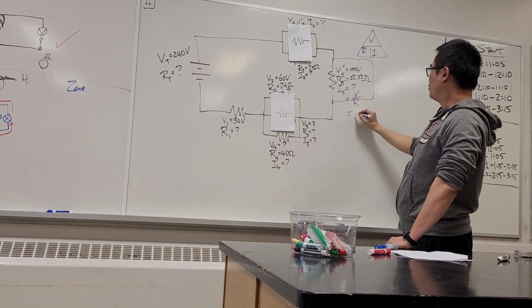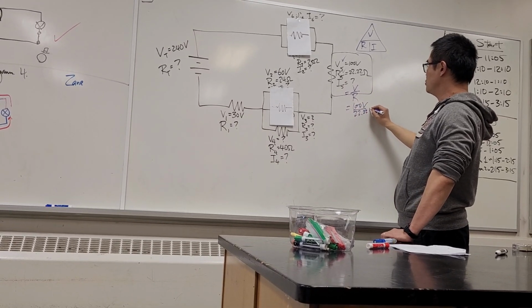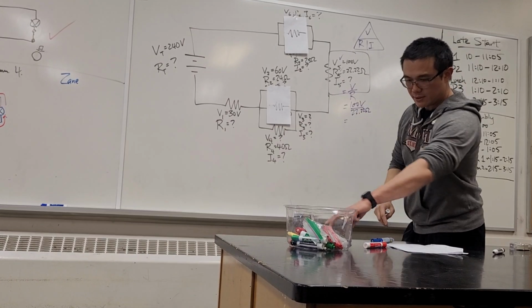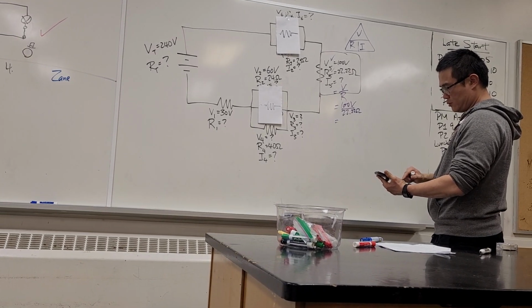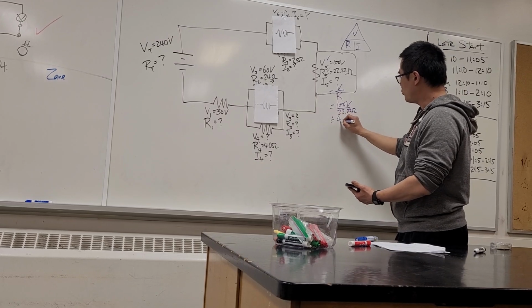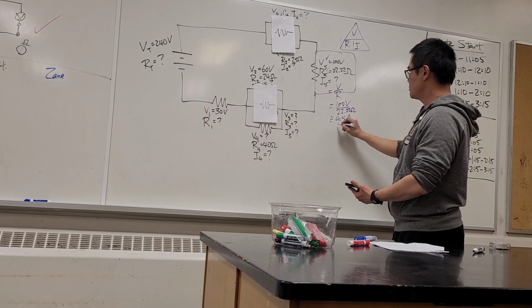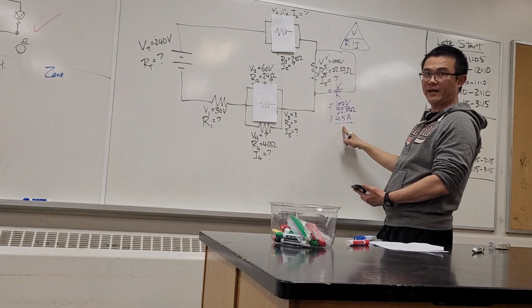So I have 100 volts divided by 22.22 ohms. 100 divided by 22.22 gives me about 4.5 amps. Okay? So current number 5 is now 4.5 amps.